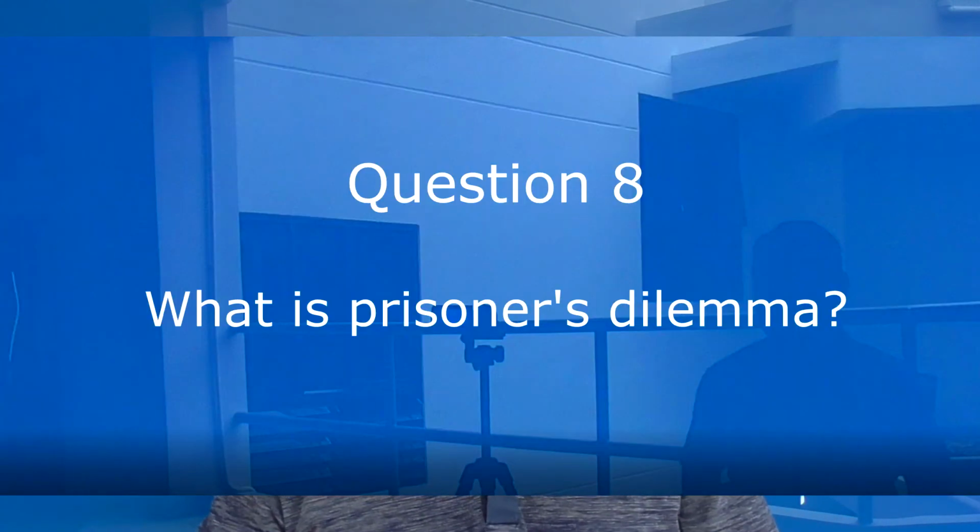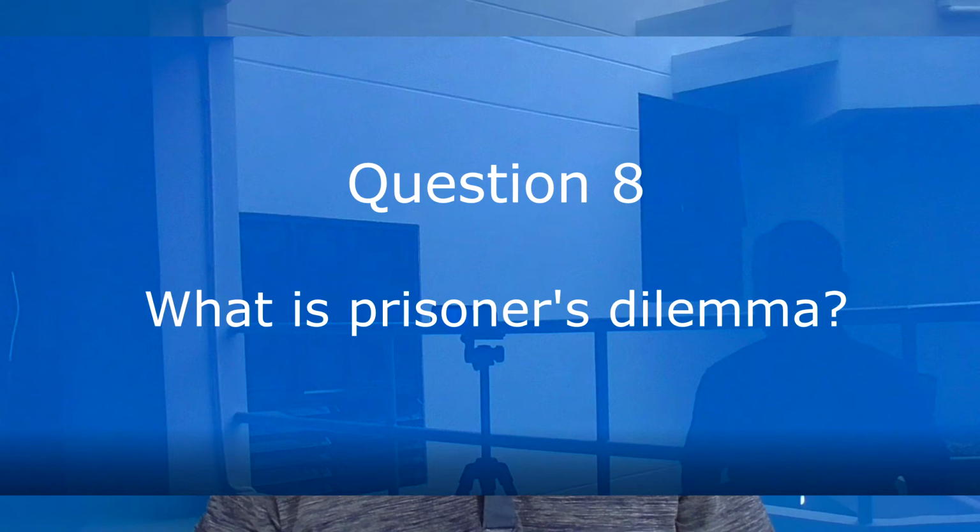Question number 8. Prisoner's dilemma. What is the prisoner's dilemma? Prisoner's dilemma presents a problem where we have a Pareto optimality, but we cannot achieve it. We achieve just an equilibrium that is below the Pareto optimality, or worse than Pareto optimality, because we cannot communicate with each other.